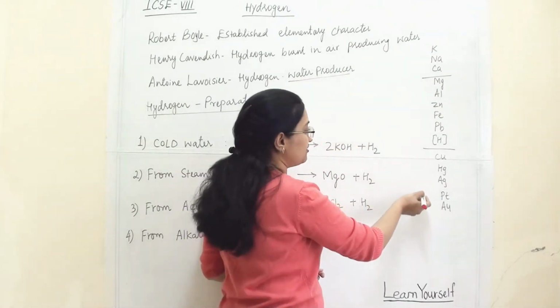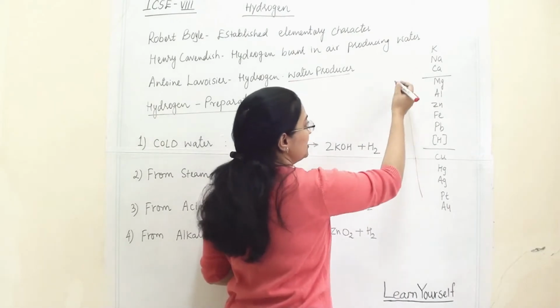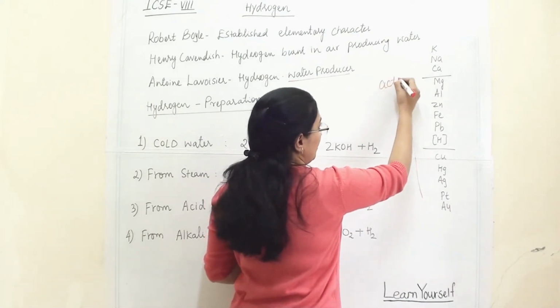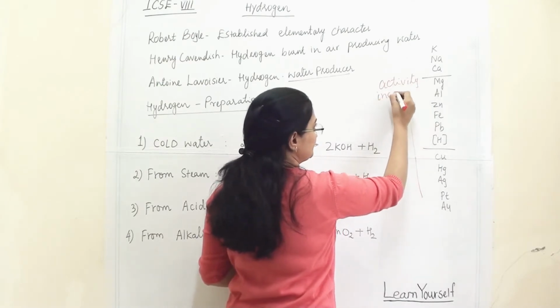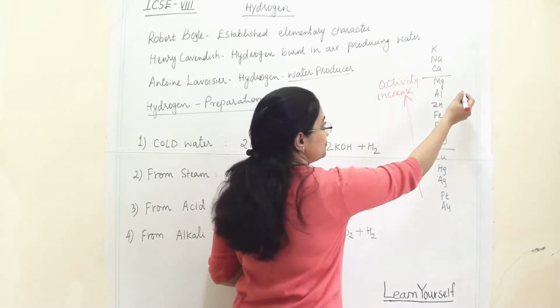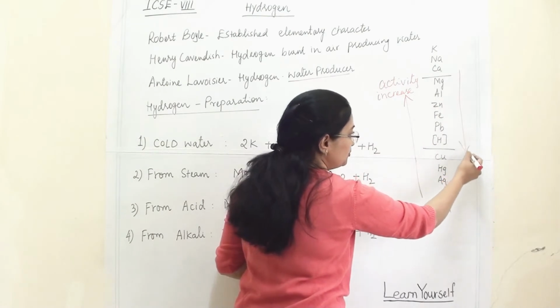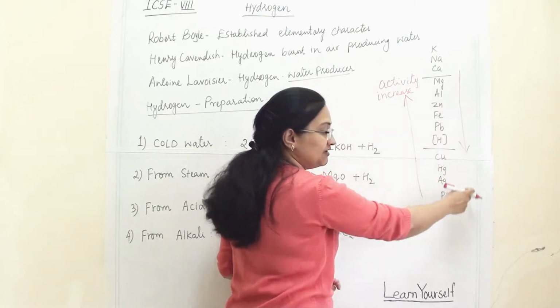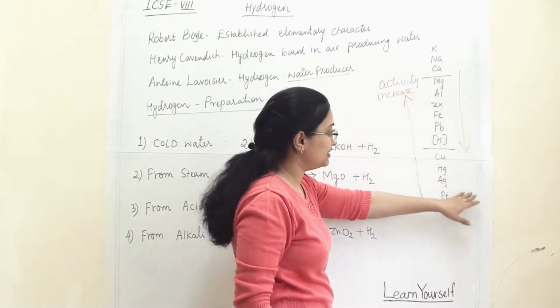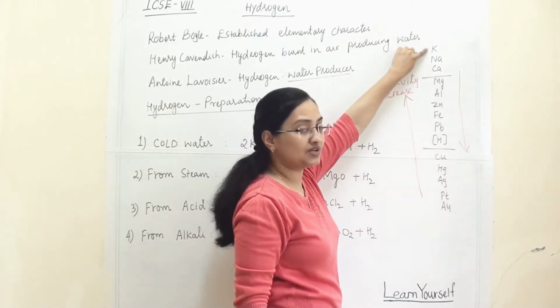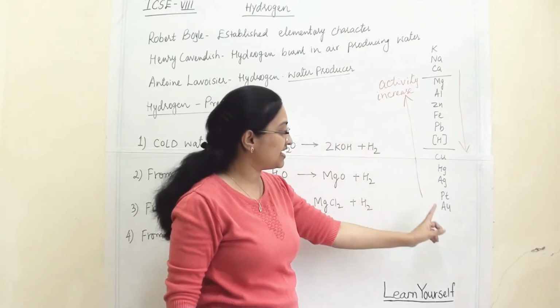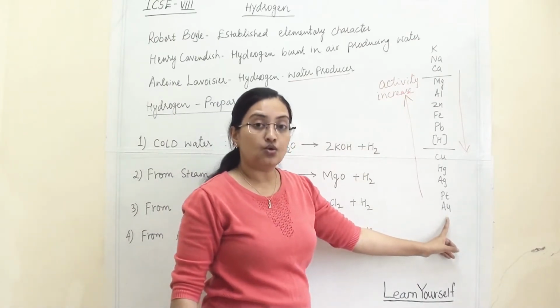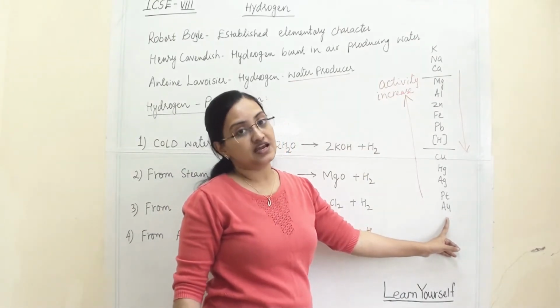As you go from bottom to top, the activity or reactivity of the metal increases, and as you go from top to bottom, it decreases. Potassium is the most reactive, most active element, whereas Au, gold, is the least reactive element.